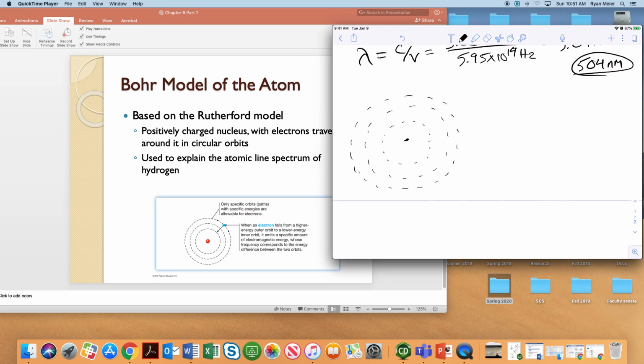But if I have circular orbits for all my electrons, what can happen is if I have an electron in this closest orbit to the nucleus, where all of my positive charge is, and I hit this atom with light, it's possible that this electron can move out to an outer orbit if our atom absorbs a photon.